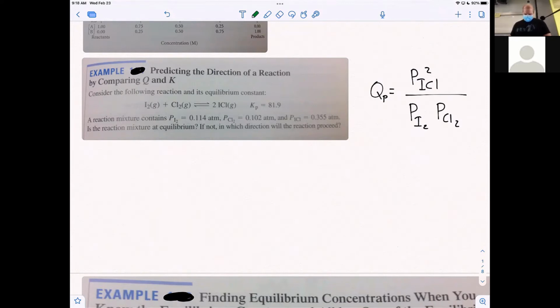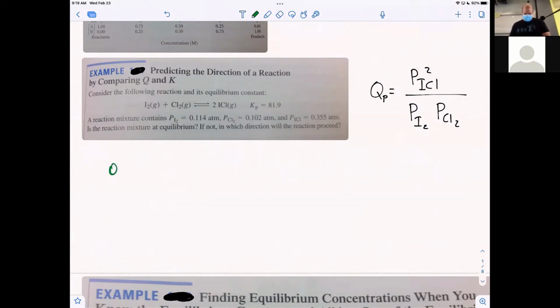First of all, the reaction quotient at a given time is the products over the reactants raised to their powers, using pressure or concentration. In this case, we're doing pressure of ICl squared. The delta n is 0, so Kc and Kp have the same value, so it doesn't matter for this one. So pressure of ICl squared over pressure of I2 times pressure of Cl2.